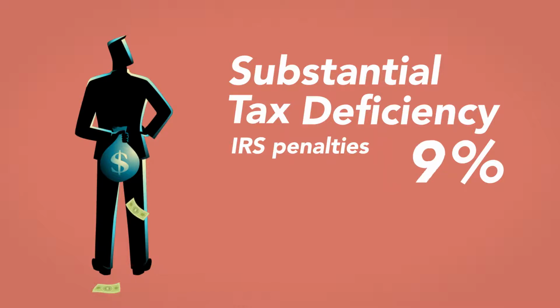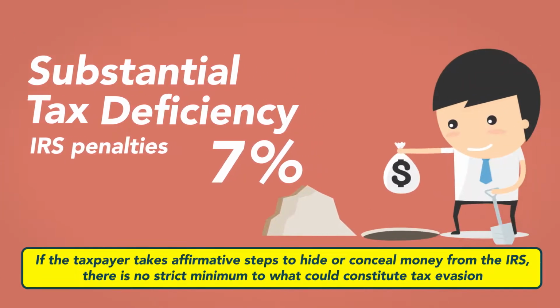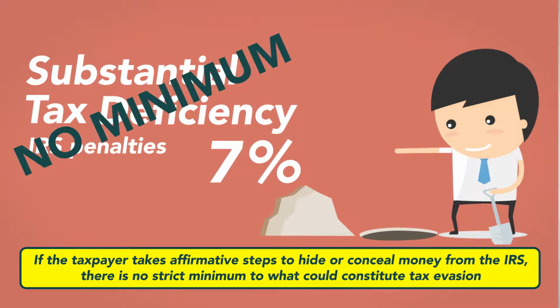If a smaller understatement than that is not subject even to a monetary penalty other than interest, it seems unlikely that it would constitute felony tax evasion. Still, if the taxpayer takes affirmative steps to hide or conceal money from the IRS, there is no strict minimum to what could constitute tax evasion.